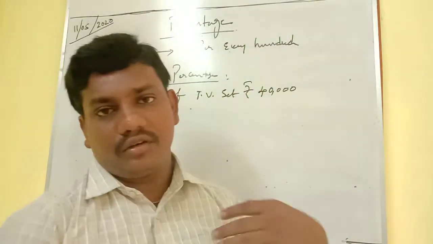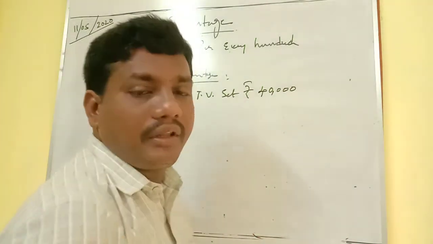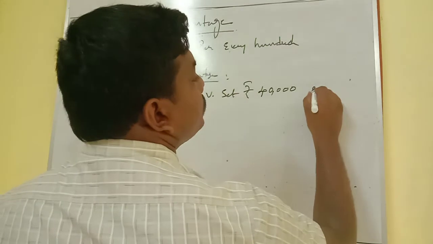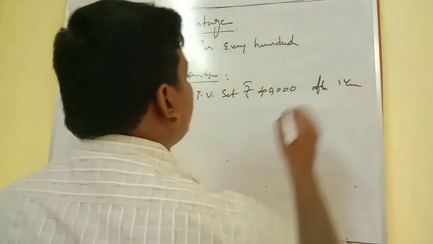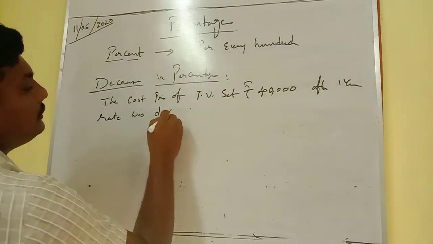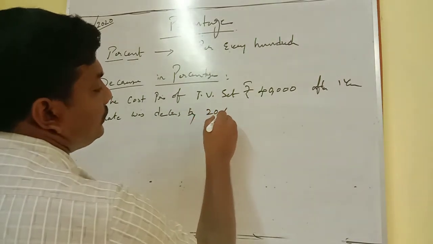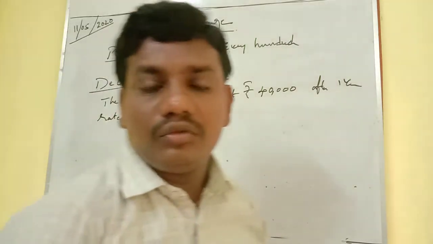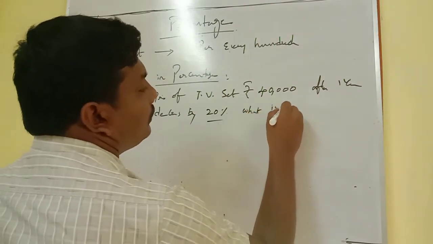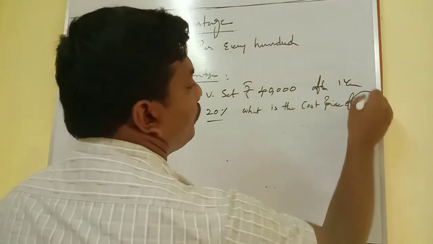Due to depreciation because of age or usage, after one year the rate was decreased by 20%. Now what is the cost price of the TV?